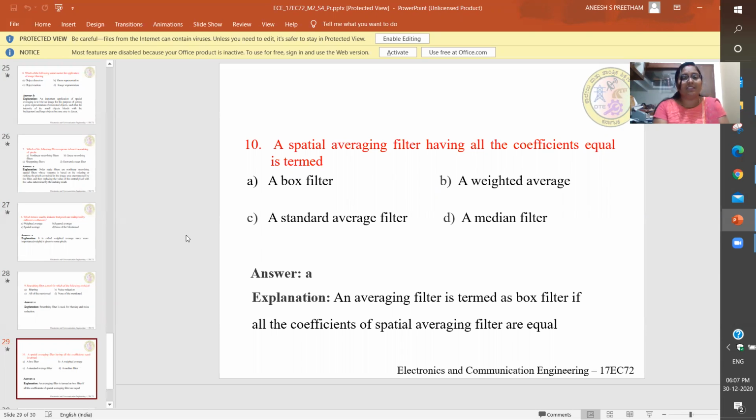So answer is, I'll read the question again. A spatial averaging filter having all the coefficients equal is termed as box filter because an averaging filter is termed as a box filter if all the coefficients of the spatial averaging filters are equal.